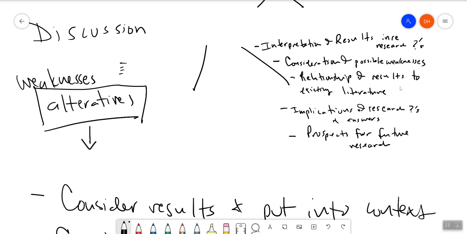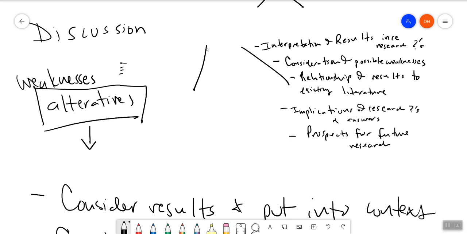You want to look at the relationship of your results to the existing literature, okay? So you are comparing what you found to other researchers. Now you will be doing some of this in the introduction to the paper, right? You're clearly referencing other people's studies and other people's work throughout, but you do want to make clear the relationship of the results to the existing literature, whatever that is.